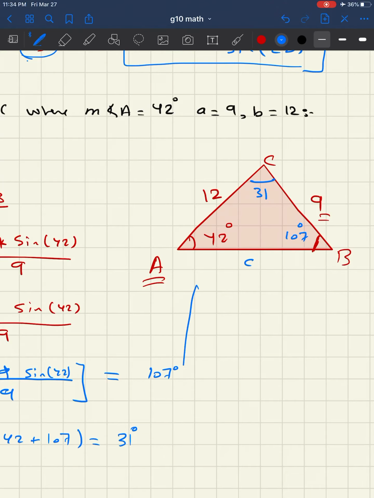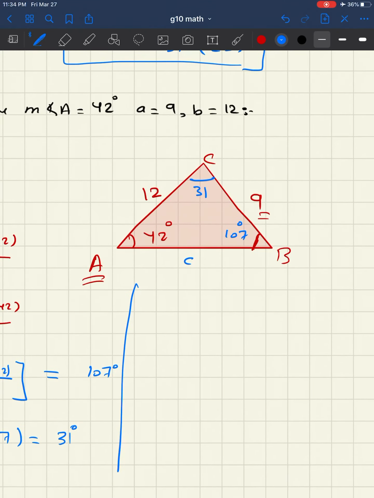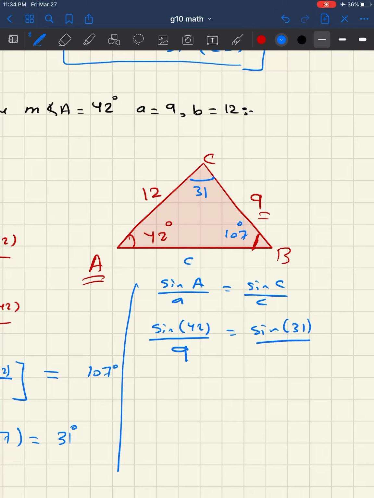We could find side C by using sine formula مرة ثانية. بقدر أحكي sine A over A equals sine C over C. معناته sine ال 42 over 9 equals sine 31 over C. Cross multiply C راح تطلع معكم هي عبارة عن 9 times sine 31 divided by sine 42.